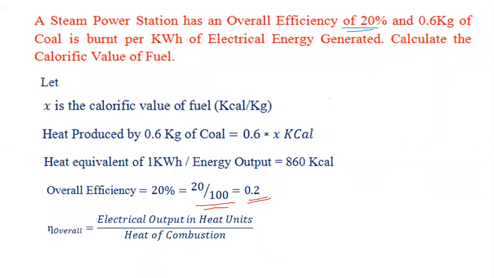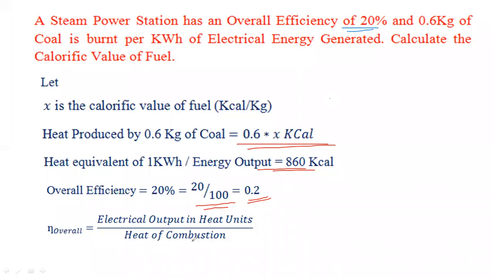The heat of combustion is nothing but how much fuel is utilized to generate the power. The overall efficiency is output with respect to input. Output means the electrical output in heat units. How much is the electrical output in heat units? That is 860 kilocalorie.